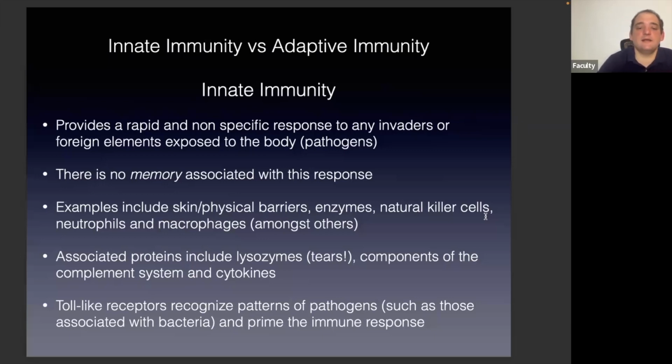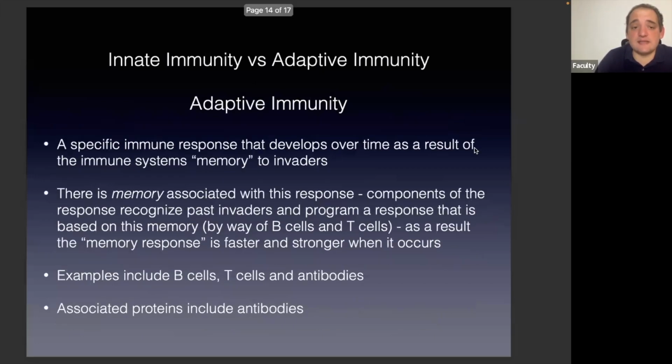And so while innate immunity is very quick and non-specific, with no memory, adaptive immunity is exactly the opposite. Adaptive immunity is a very specific immune response, and it develops over the course of time. As it develops, it gets stronger and stronger with each activation of it. And that's because of memory.